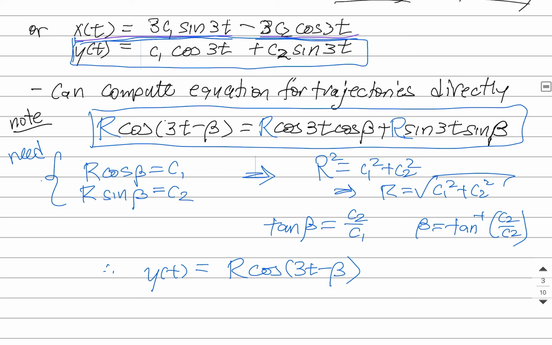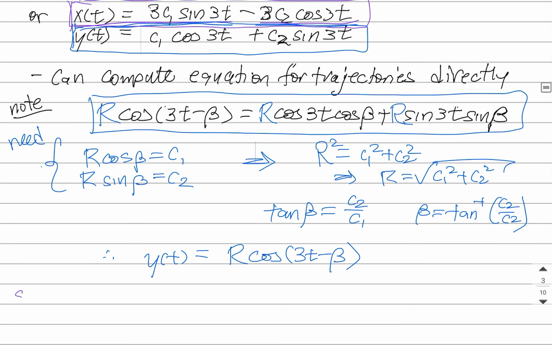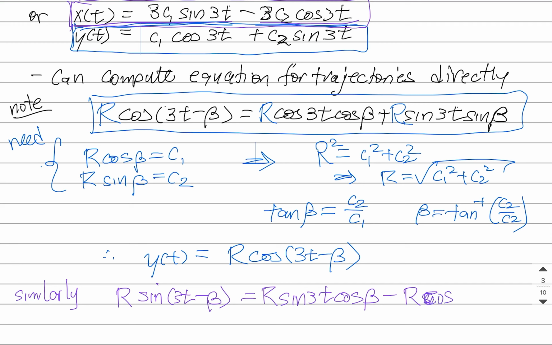Now, up here for x, there's a similar equation. The difference here is that there's a negative sign and the order of the terms is a little bit different. Similarly, I'm going to take this approach. I could write r sine of 3t minus beta as r sine 3t cos beta minus r cos 3t sine beta.